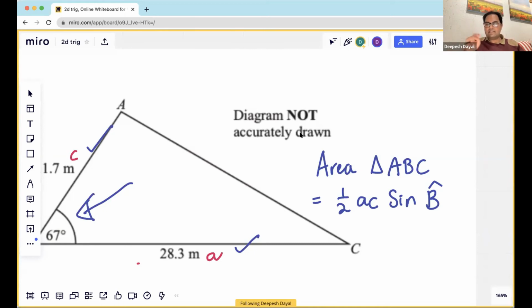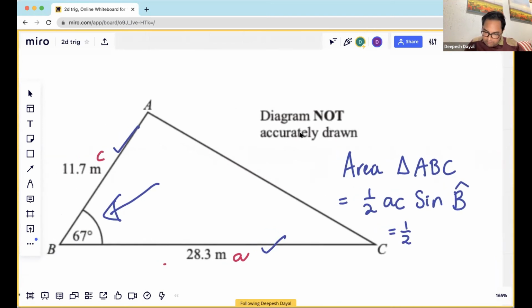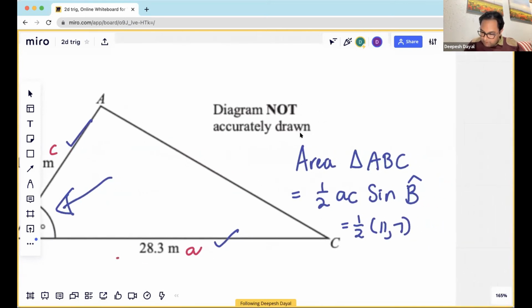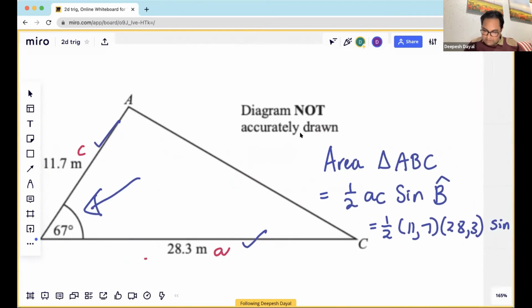We want two sides with an angle between it. Okay, so we're going to plug it in: half, 11.7, and 28.3, and sine of the angle, which is 67.